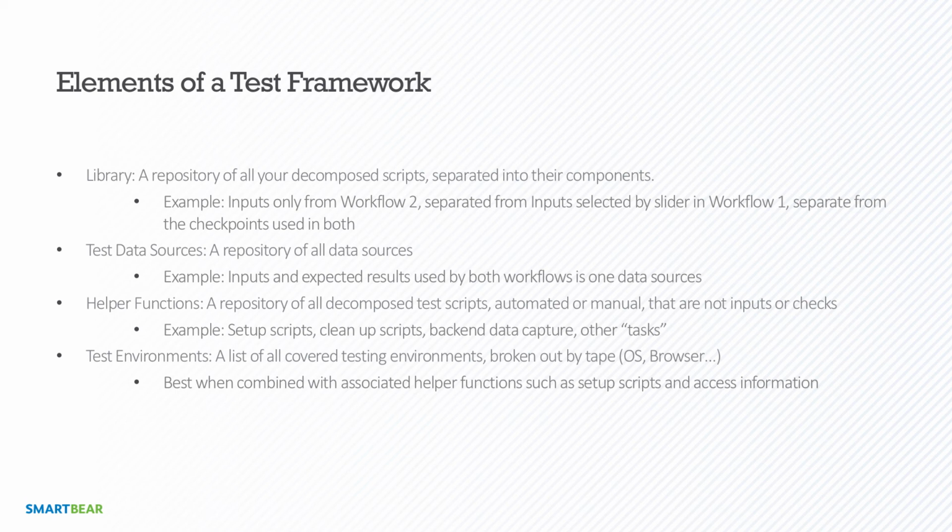Those data sources are what you're going to stitch together with a library, along with helper functions, which is just a kind of catch-all for stuff that isn't actually in action, isn't data, but it's the things that just help you out, right? Clean up scripts to scrub the database when you're done, set up scripts to set up an environment for you, tasks that you might not think of, like let's go capture the database table that the user can't see so that we can compare against that.